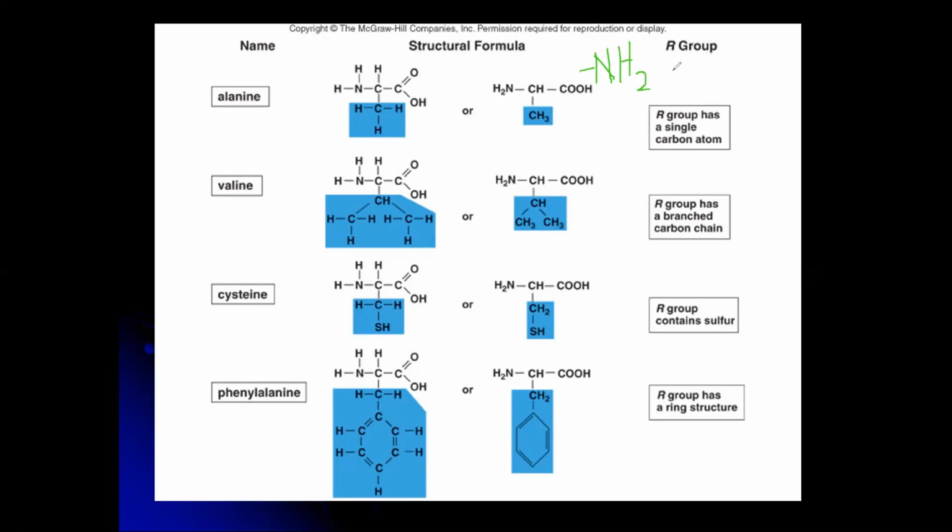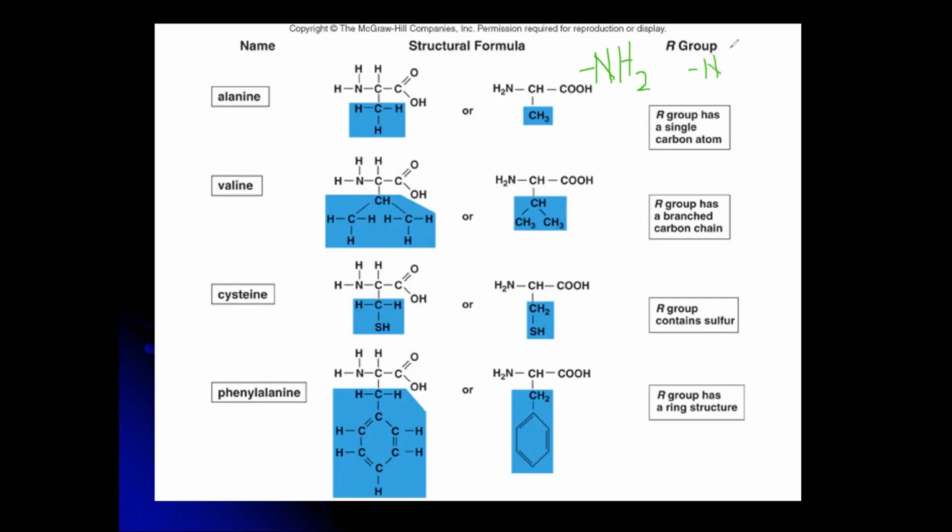And the N bonds to the carbon, and nitrogen can take up to three bonds, we know. So there's our hydrogens. Sloppy N, sorry, getting worse.